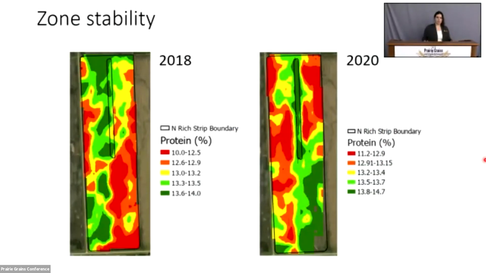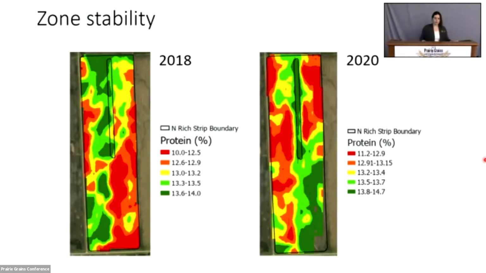And then, as I mentioned before, now that we've been at this for a few years, we can start to look at zone stability, comparing protein maps from different years. And so that's what we're looking at with this slide. Here we can see a protein map from 2018 on the left compared to a protein map from 2020 on the right. Both seasons had a nitrogen-rich strip within the field outlined towards the top there.